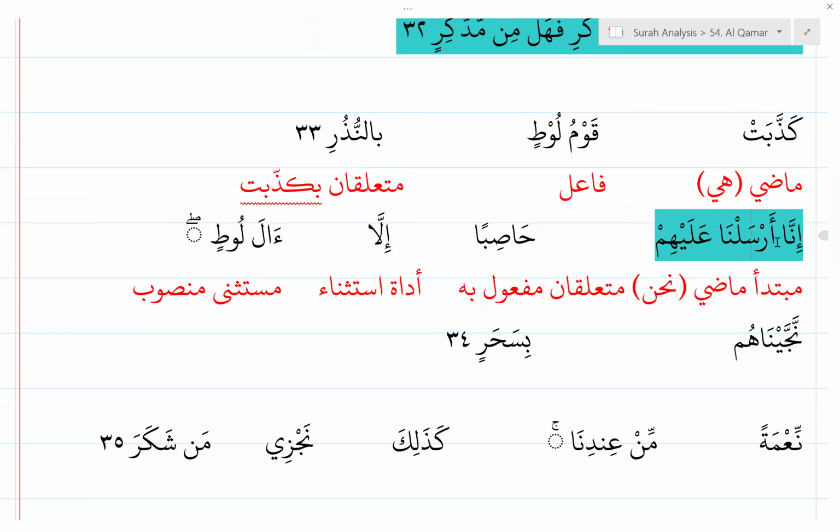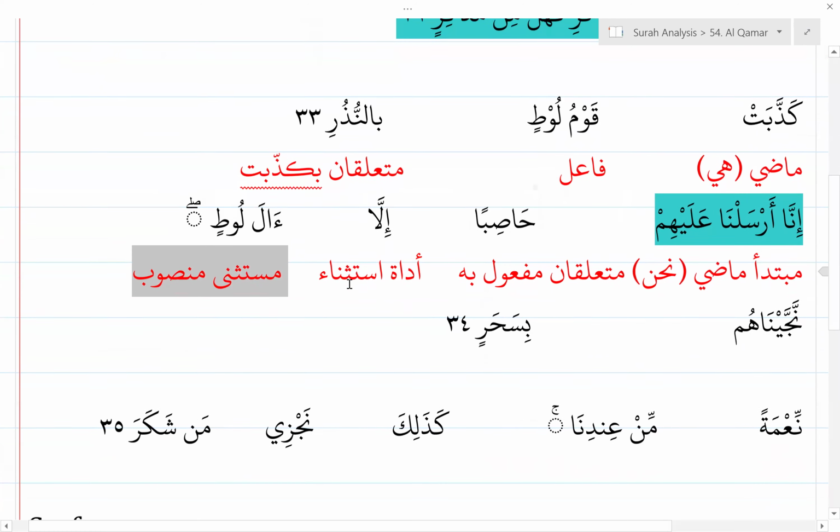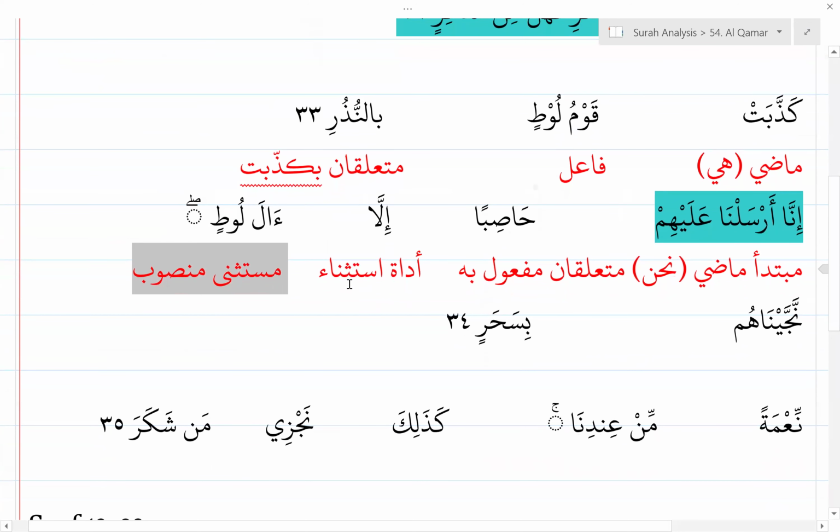Positive sentence, nothing negative about it. And then the mustathna minhu is mentioned, hasiban is the mustathna minhu, right? It's mentioned. So we expect whatever comes after illa is going to be mustathna mansub, right? So that's kind of like just a simple revision of al-istithna, especially when it comes to illa, the harf.